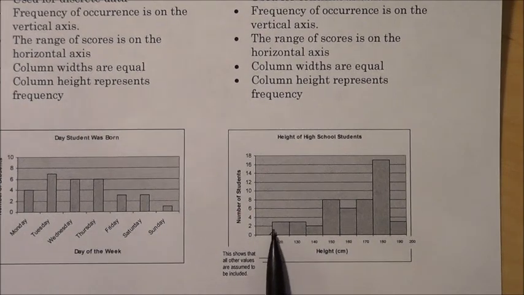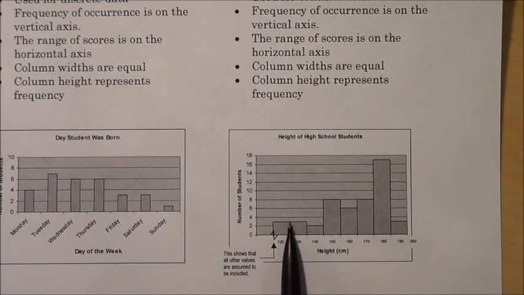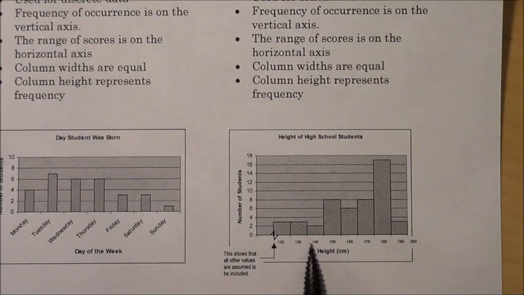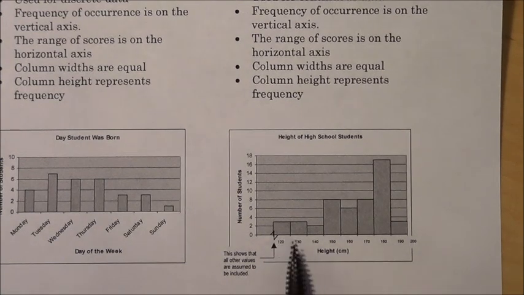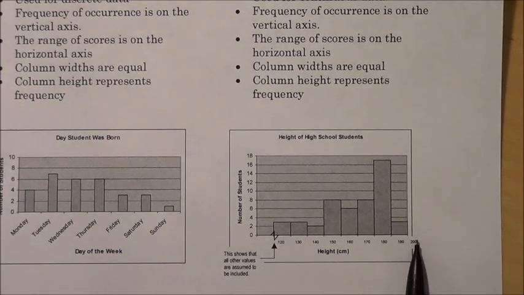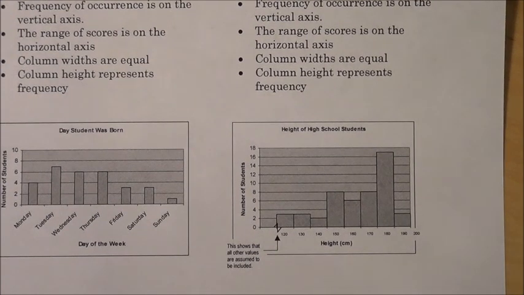And because it's continuous data, there's no space between them, and the bottom is just the numerical values, the ranges of values, sorted from lowest to highest, from left to right.